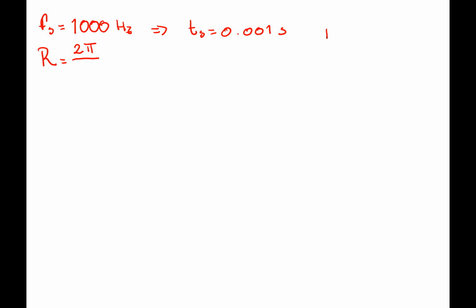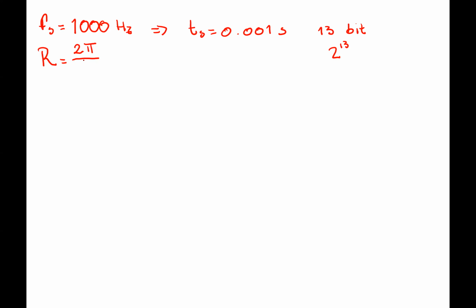Remember that the resolution is read as the number of bits that we use to measure. It's 13 bits, so let's write here: 13-bit sensor. To find out the number of counts that you have per revolution, you have 2 to the power of 13.